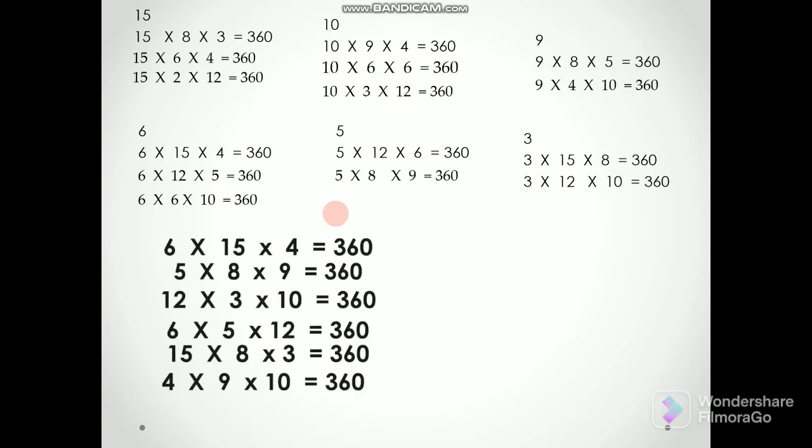So therefore, we're going to eliminate these. And these are the equations, or the answers, that we have for our card. So we eliminate all the not possible answers because they are repeating, or they do not belong to our card. So we eliminate them.